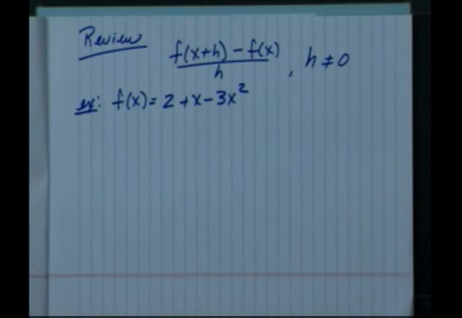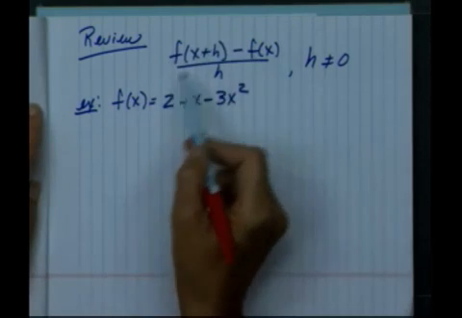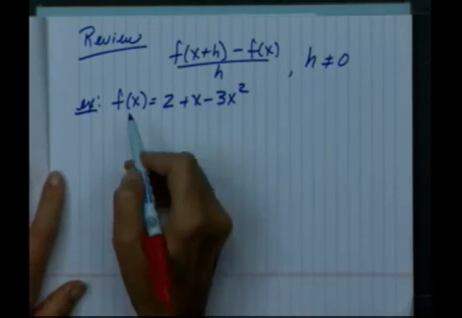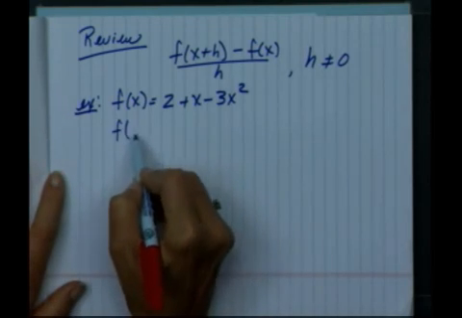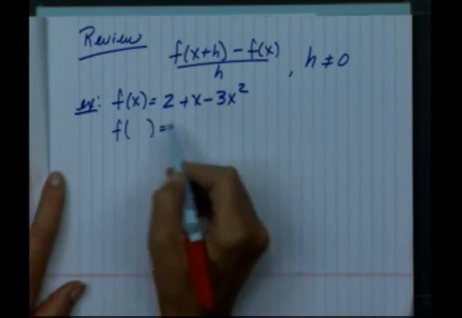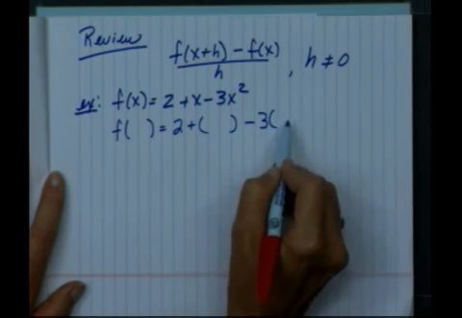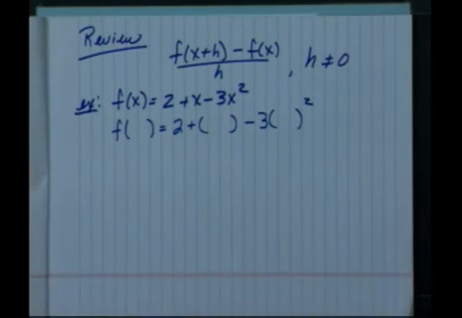The instructions on the test would be find and simplify the difference quotient given this function. We know that anytime we're going to evaluate f at any element, it's going to be 2 plus that element minus 3 times that element squared.